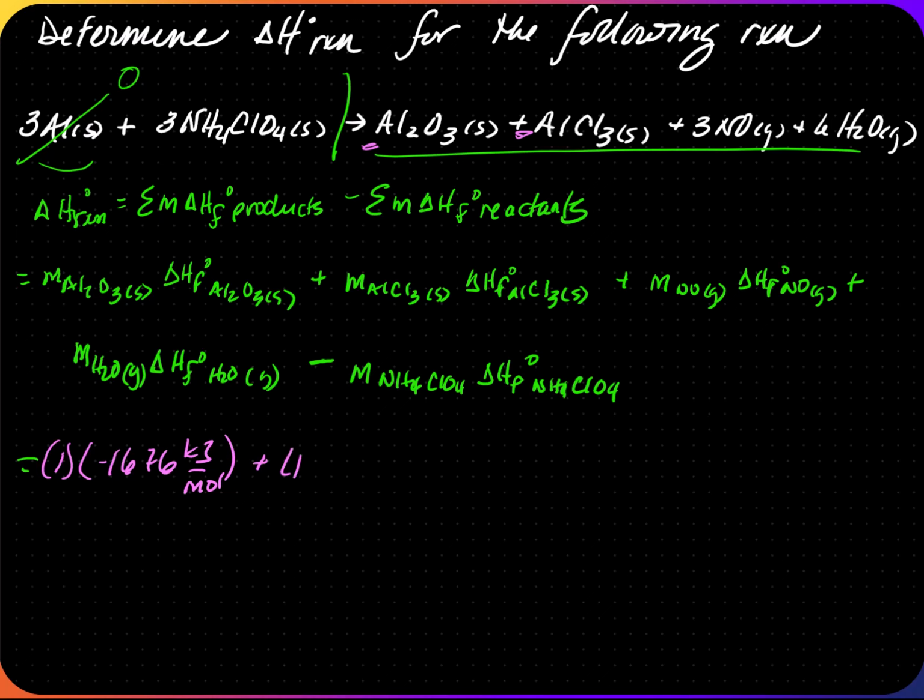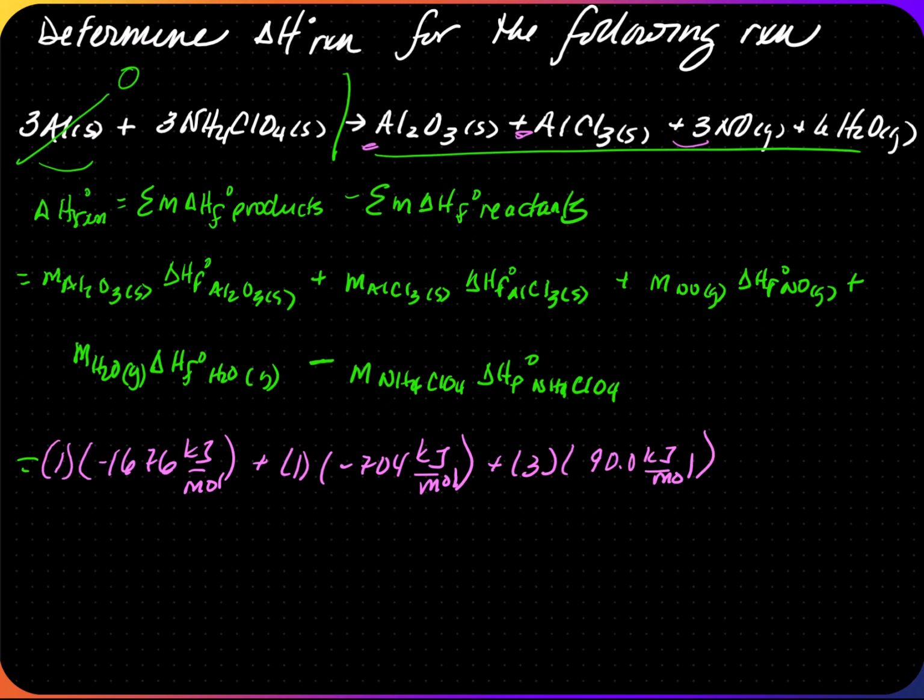Again, the coefficient is 1, so I put 1. The value of that is negative 704 kilojoules per mole. There are 3 moles of NO, so I need to put 3. The value of NO gas is positive 90 kilojoules per mole.